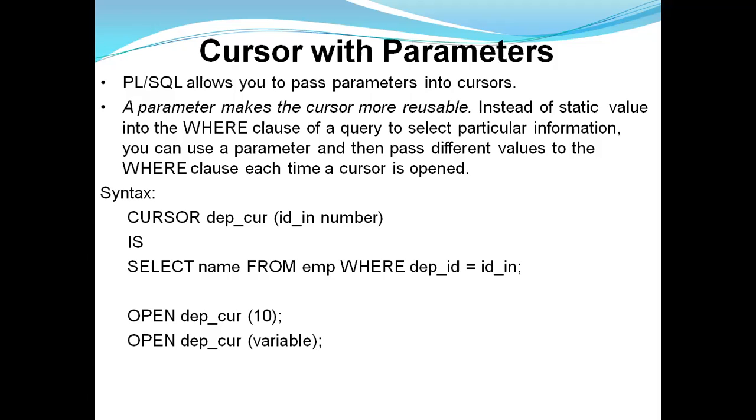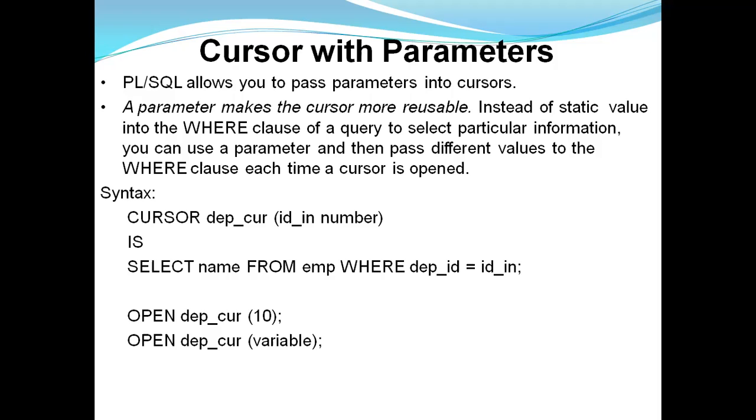Third, whenever you write a DML statement or a select statement which returns a single record, the implicit cursor is automatically applied. But whenever you write a select statement which returns more than one record, then you have to have an explicit cursor.